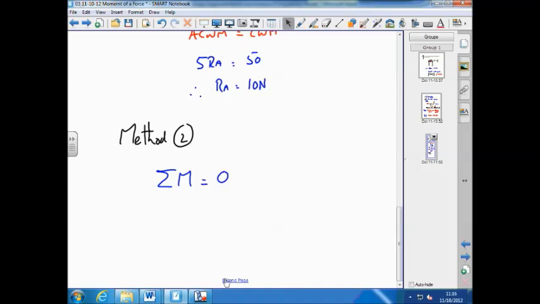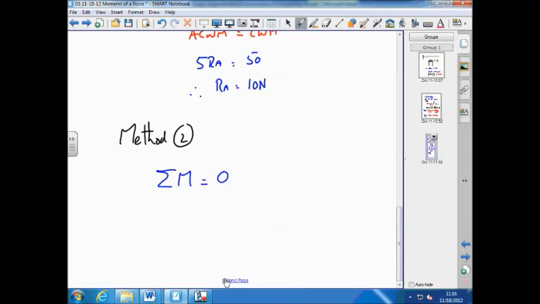So what that's saying is clockwise moments equals anti-clockwise moments. So in very short mathematical statement, we're saying that the sum of the clockwise moments and the sum of the anti-clockwise moments together must equal 0. The sum of the moments must be 0 when it's balanced.